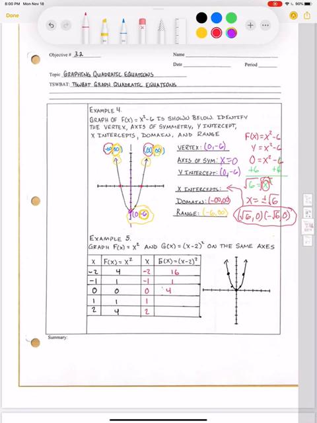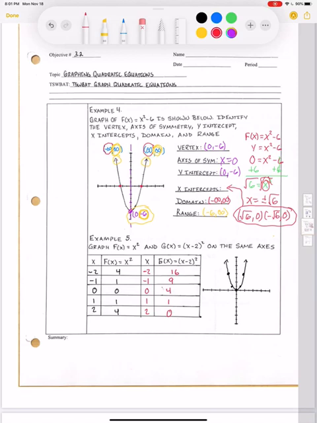Pardon me, I messed up on that. Negative 1 minus 2 squared. Negative 1 minus 2 is negative 3. Negative 3 squared is positive 9. Sorry about that. And then we have 1 minus 2 is negative 1. Negative 1 squared is 1. 2 minus 2 squared. 2 minus 2 is 0. 0 squared is 0.